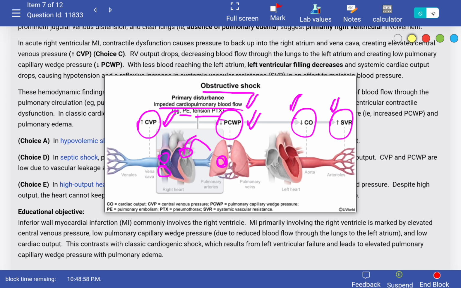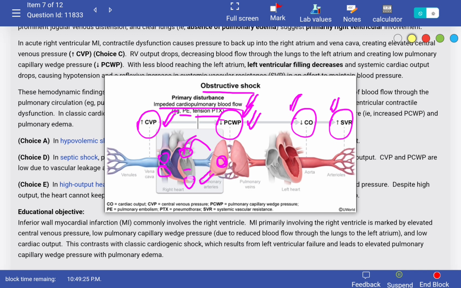But on the other hand, if we look at the case of cardiogenic shock, both the pressures would be increased, right? Because the blood cannot be delivered to the body, because the SVR, that is systemic vascular resistance, would be increased.